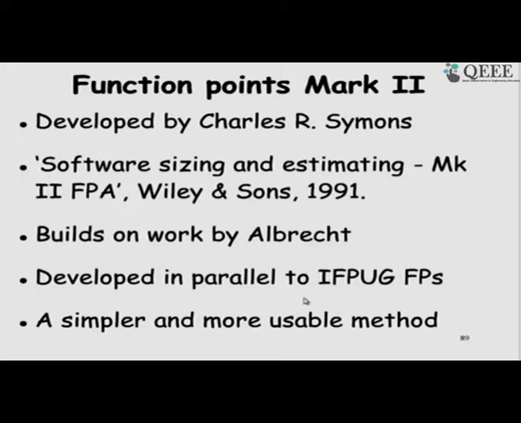So, all that rating of highly complex, low complexity is not there here, but then the result produced may not be as accurate as the Albrecht function point. If the Albrecht function point is used judiciously by those who understand what is meant by extra complex, moderate and so on, that may produce more accurate results. But with Mark II, somebody can compute the function point very fast.